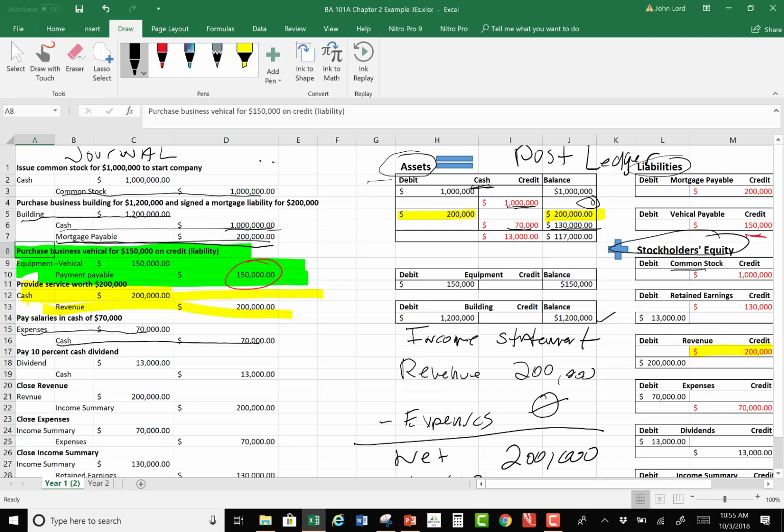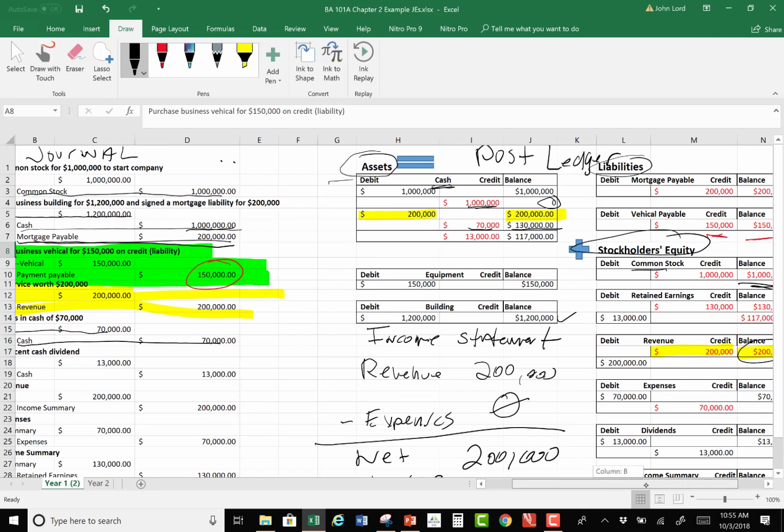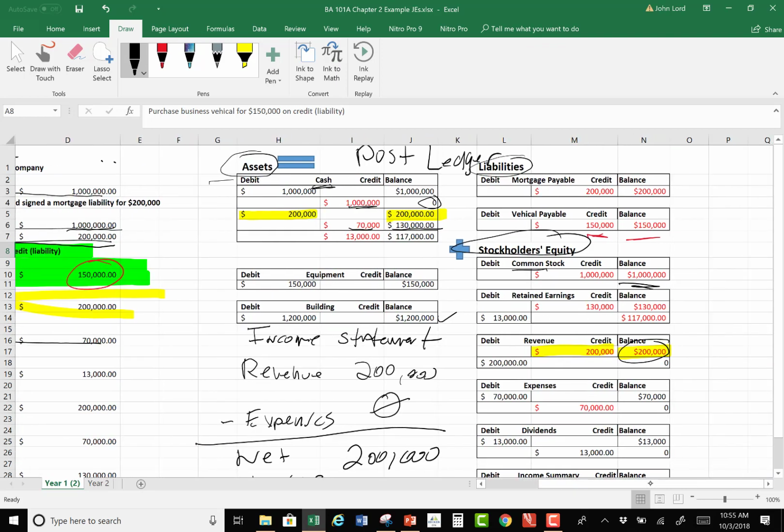Okay, and it's an expense. It is expired because those guys are gone. They already did the work for me, didn't they? I mean, it's not like they're going to come back later and do more work. There's no more future economic benefit associated with that transaction, that activity, so I'm going to show the expense, right? So I debit expense for $70,000. When I do, my expenses balance goes up $70,000, doesn't it?